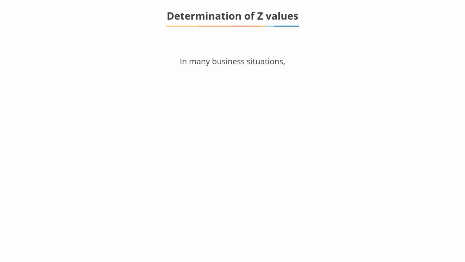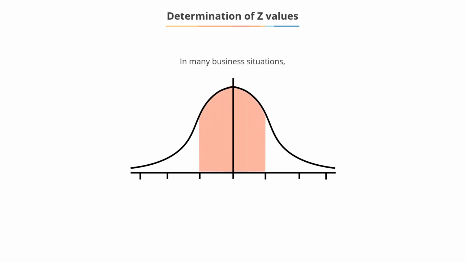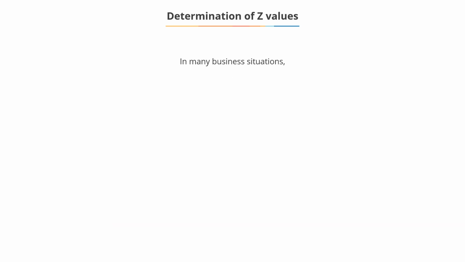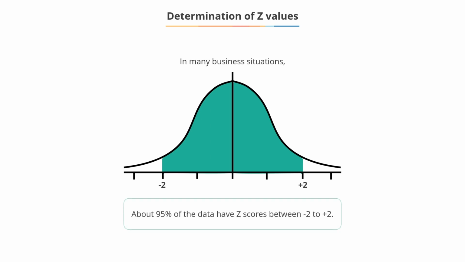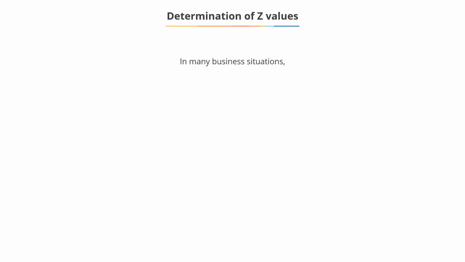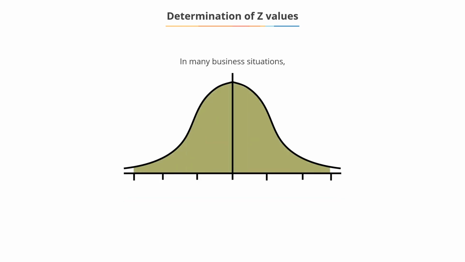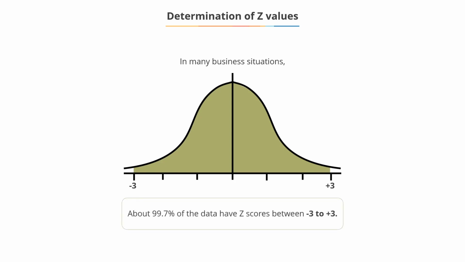Usually, in many business situations, about 65% of the data have z-scores between -1 and +1. About 95% of the data have z-scores between -2 and +2. About 99.7% of the data have z-scores between -3 and +3.